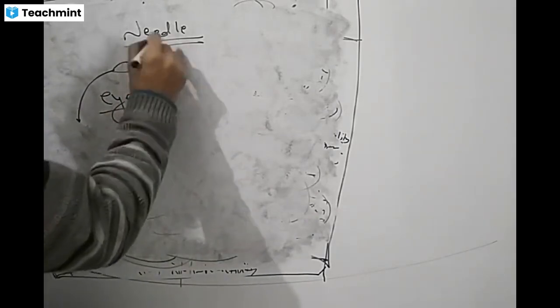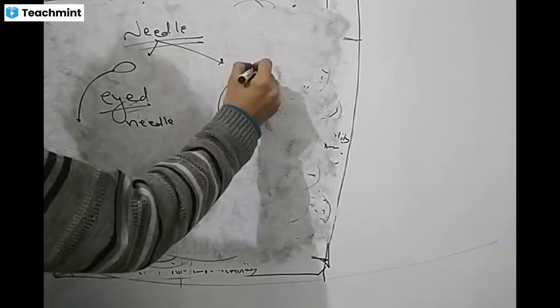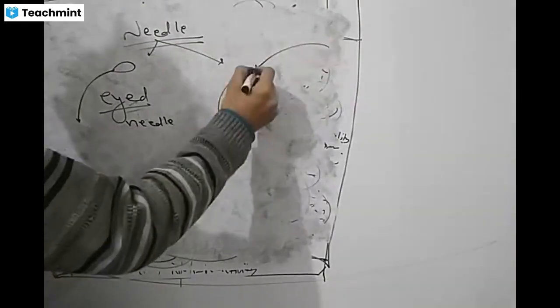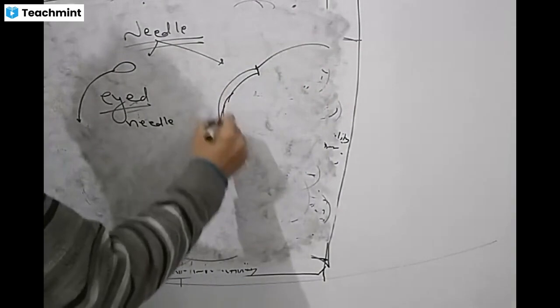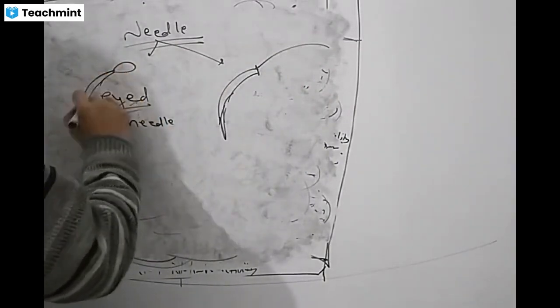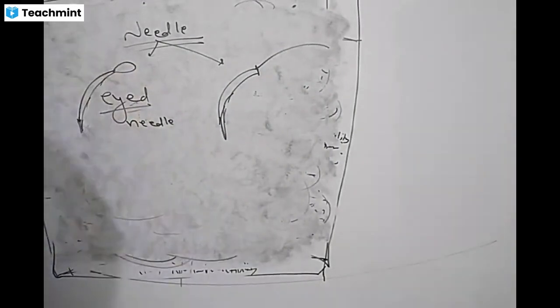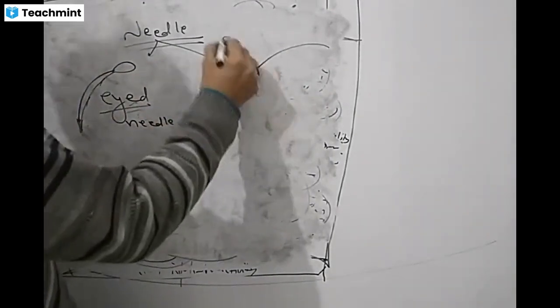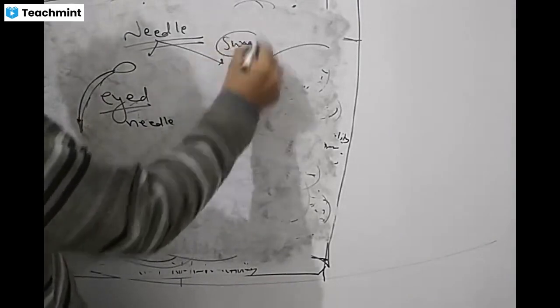And another one, suppose this is the needle, and here also. This is called a swaged needle.